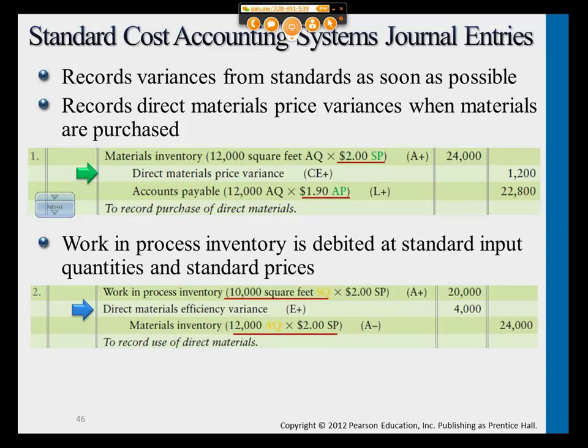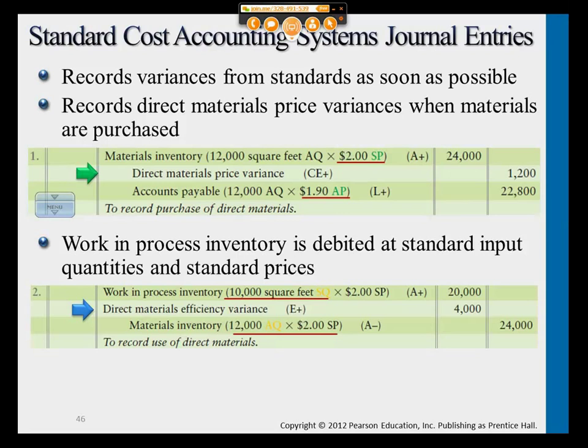Just another view on the variances. What do we do with the work in process inventory? Work in process inventory is debited at standard input quantities and standard prices. Let's look again at the transactions. That's our entry 2. Smart Touch debits the work in process inventory.